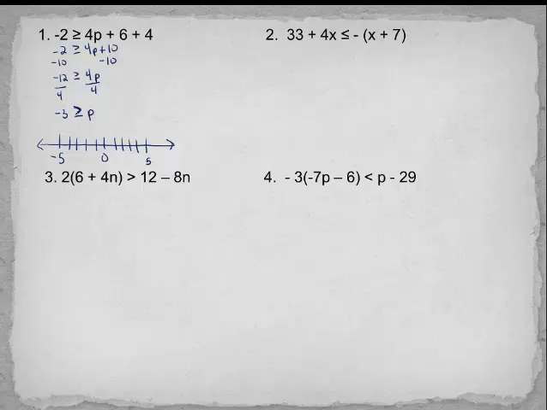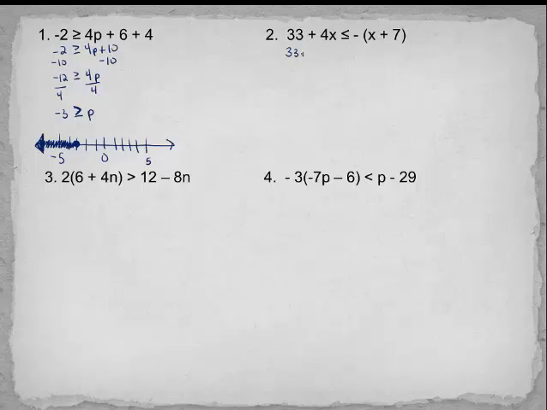I have a greater than or equal to, so that gives me a closed circle on -3. And I'm saying that p is smaller than -3. So if I shaded the direction of the arrow, I'd be shading over here all the numbers that are bigger than -3. But I want all the numbers that are smaller than -3. So you really need to think about which direction to shade.